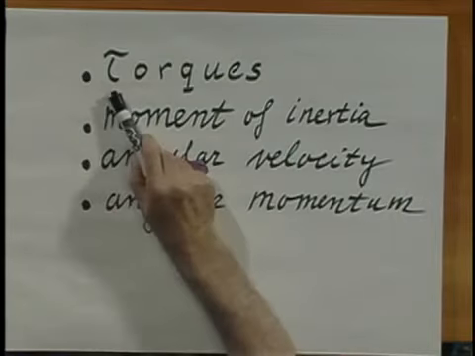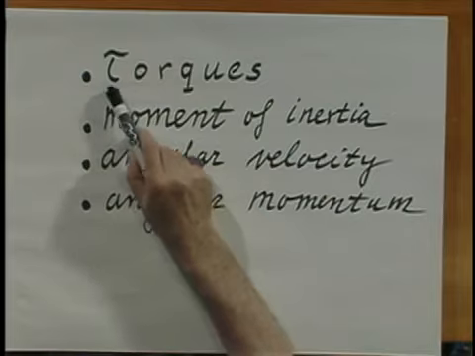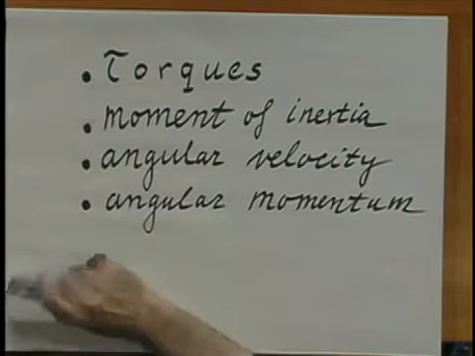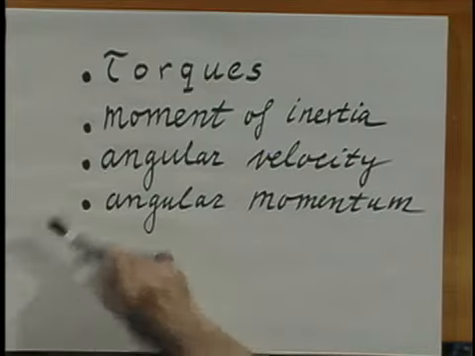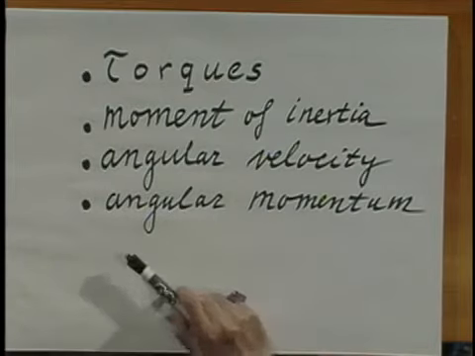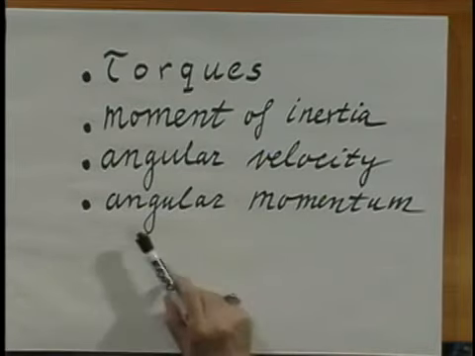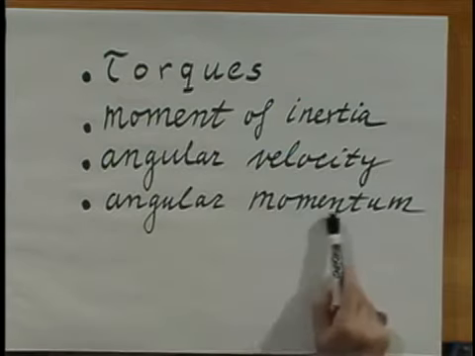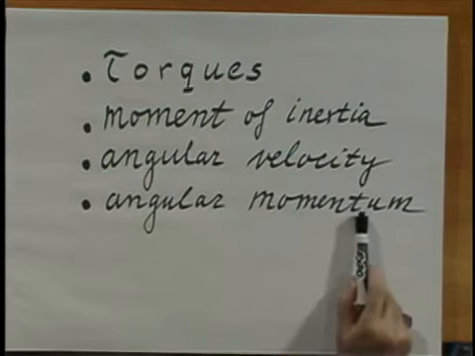We often use tau for torque in our mathematical equations. And here you have moment of inertia, angular velocity, and angular momentum. If you're not familiar with these four subjects, then you should not yet watch this presentation.